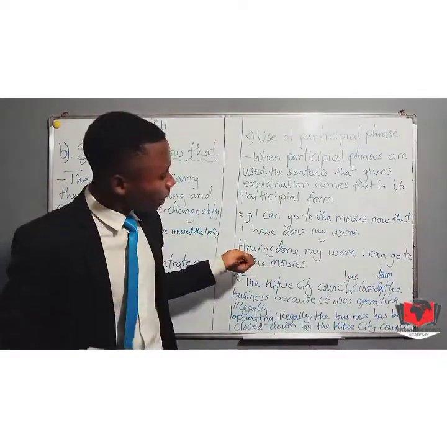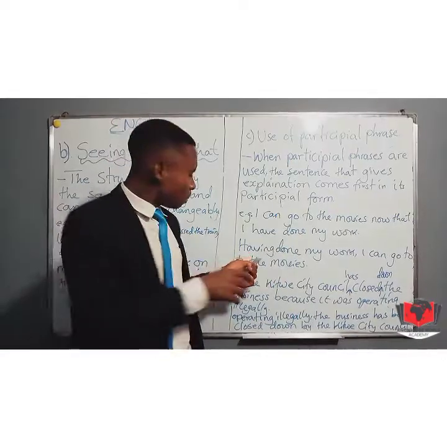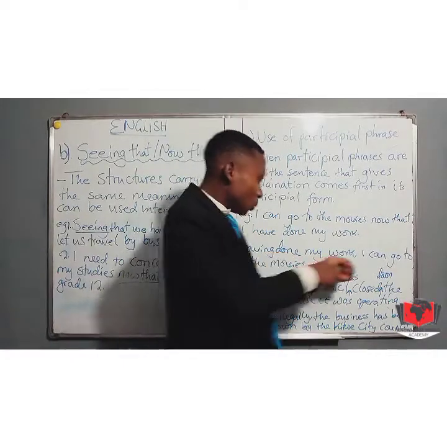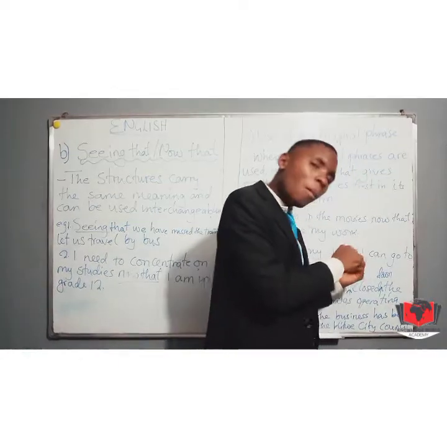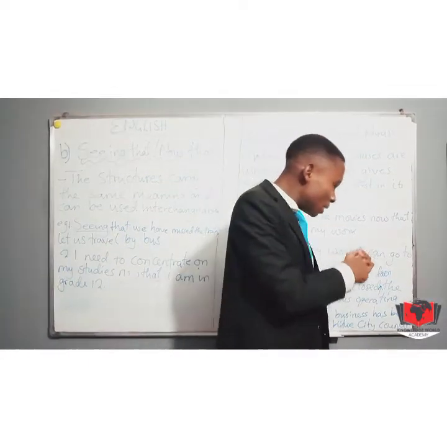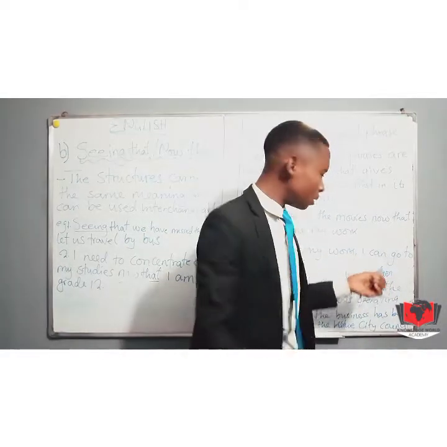Who did this work? The one who was performing the action should come first after the comma. If the name is not mentioned, then the pronoun should be there.